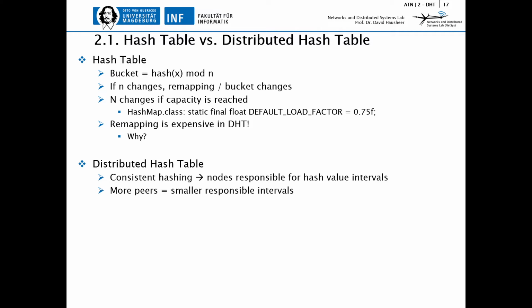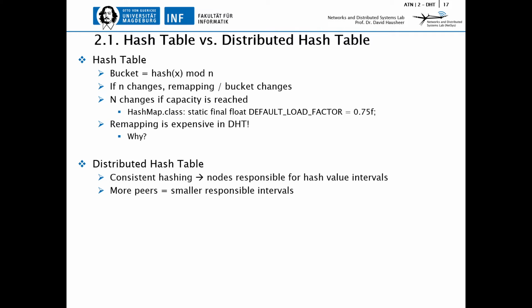Now, if n eventually should be changed, then that means that an entire remapping of these outcomes needs to be done. So the result basically changes in this case. So n needs to be selected very carefully, because the remapping, when it would need to be done, is very expensive in a DHT.